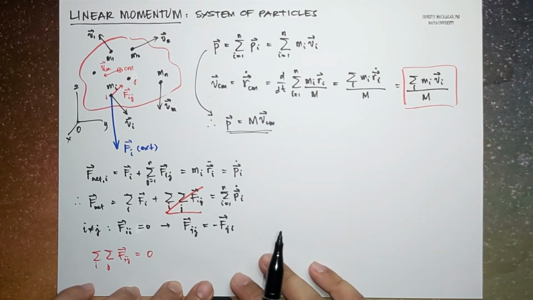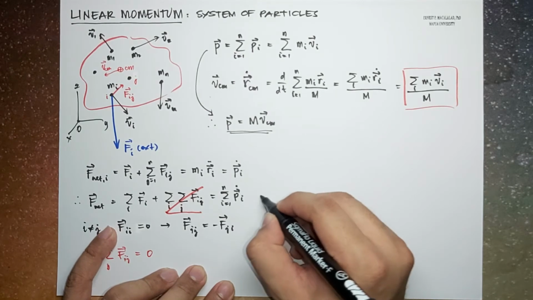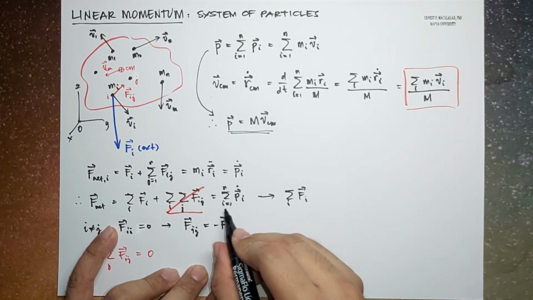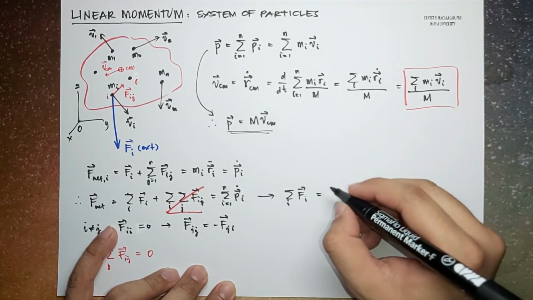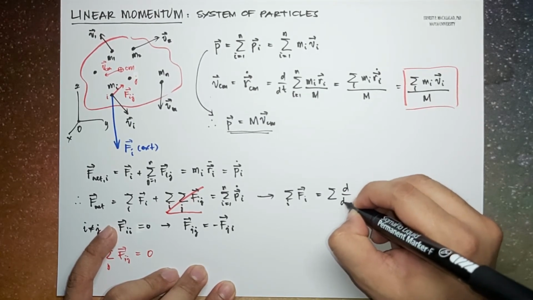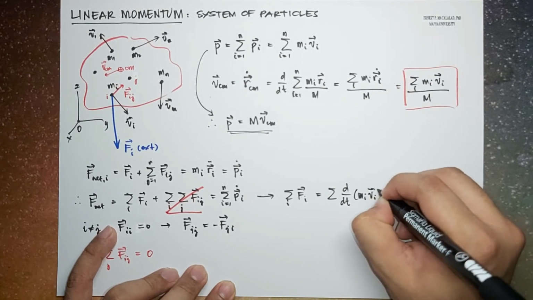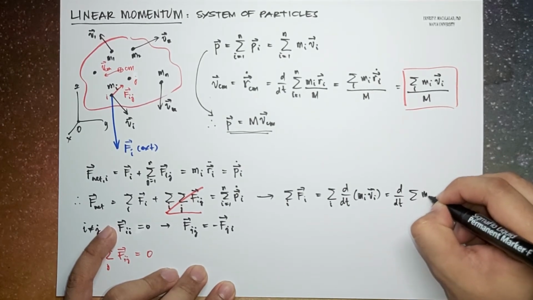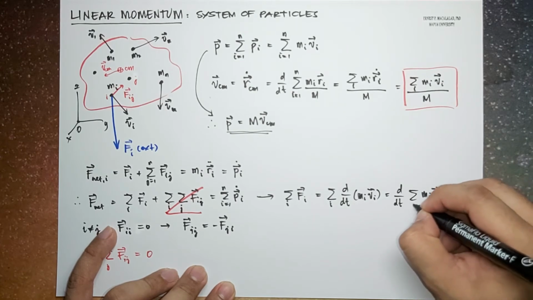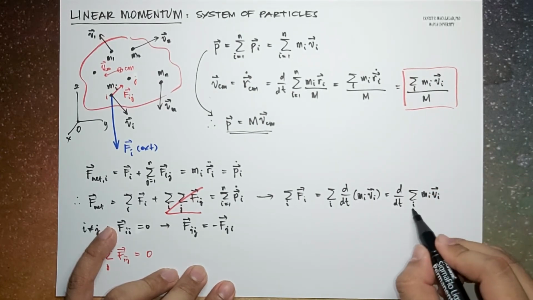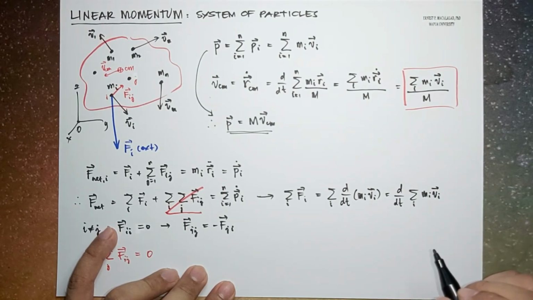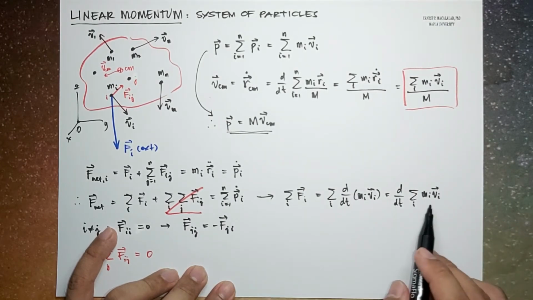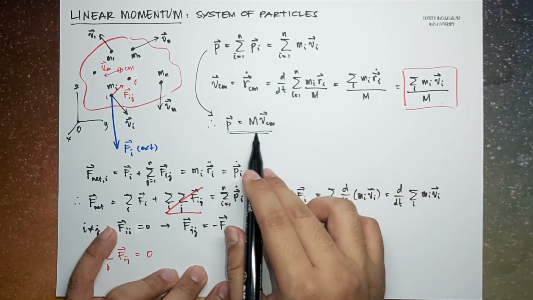So therefore, the sum of Fi for all I will be equal to this term, which is equal to the sum of the time derivative of mi vi for all I again, or the time derivative of the sum of mi vi for all I. And we know that this is equal to this one.